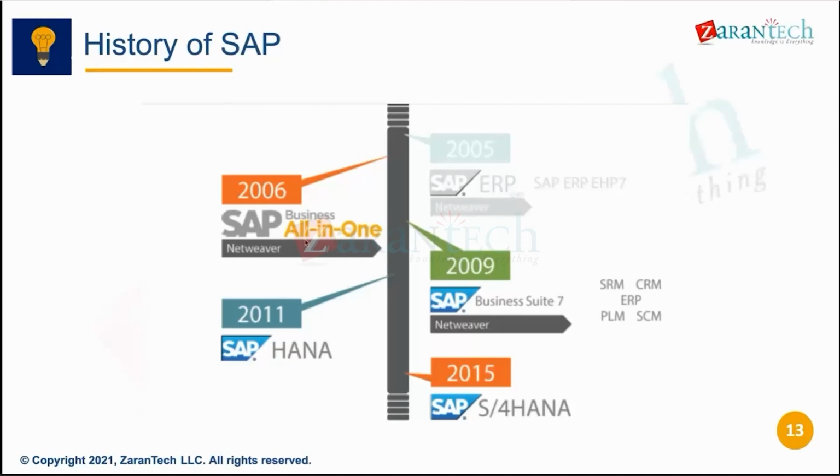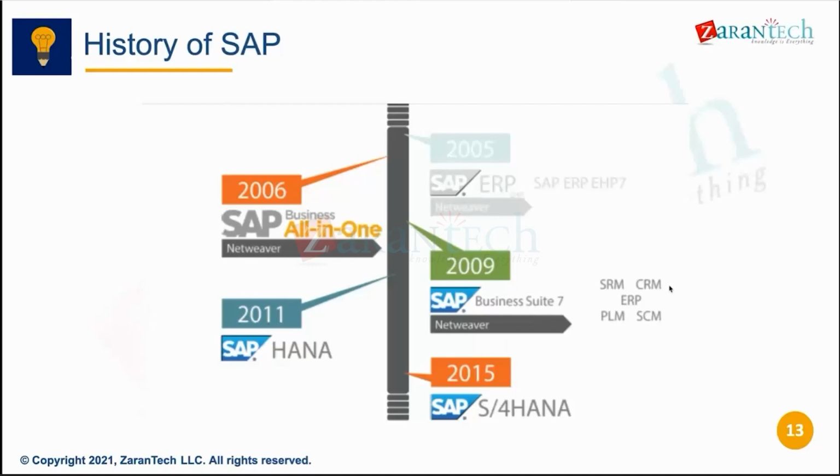That's all right. But the next breakthrough came in 2009, four years after 2005. SAP came up with SAP Business Suite. Instead of ERP alone, they called it a Business Suite on the NetWeaver platform. When I say Business Suite, it is a combination of ERP, SRM, CRM, PLM, and SCM.